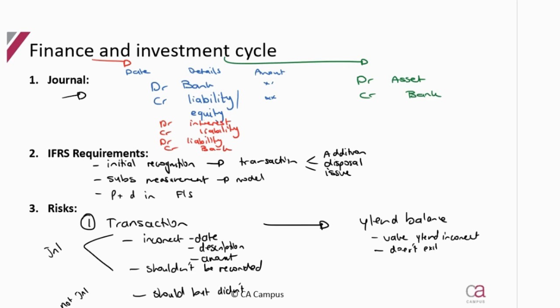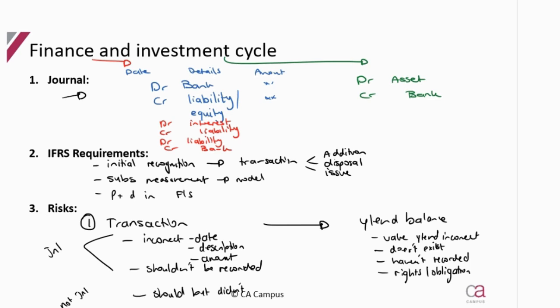It should have been removed. Or that it does exist, but they have removed it and they shouldn't have. So they haven't recorded it. Or they don't have the rights or the obligation for that asset and or liability, and therefore there's a concern with that closing balance.